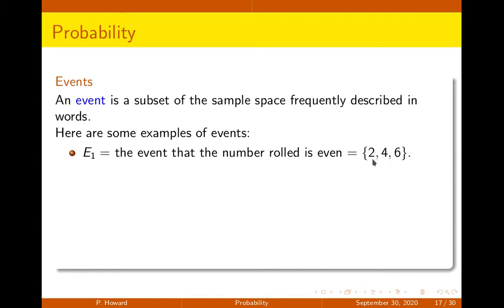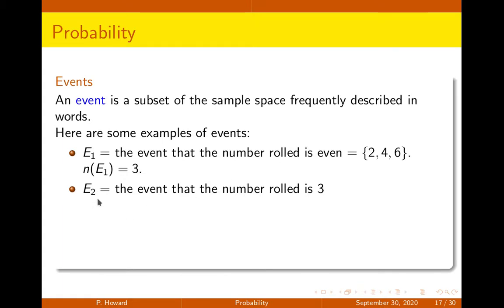Because of the 6 possible numbers you can roll, 2, 4, and 6 are the even ones. And here this takes us back to the set theory part of the presentation. The number of elements in the set E1 is 3.